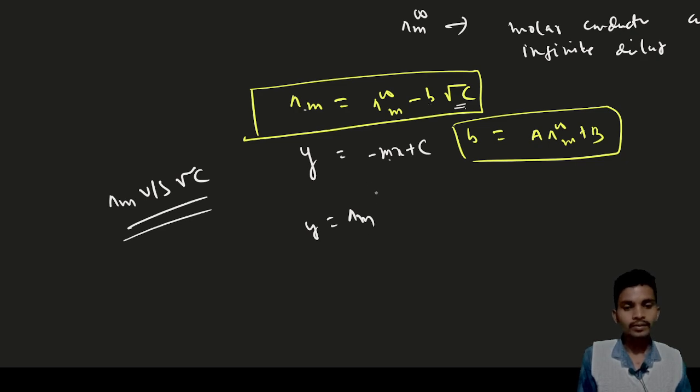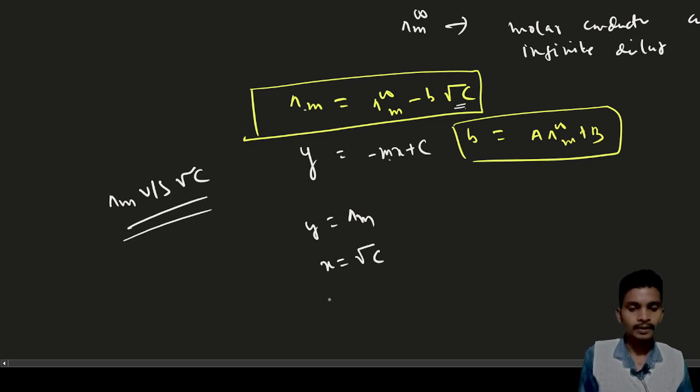So m is here minus b, or I can say minus m equal to b.